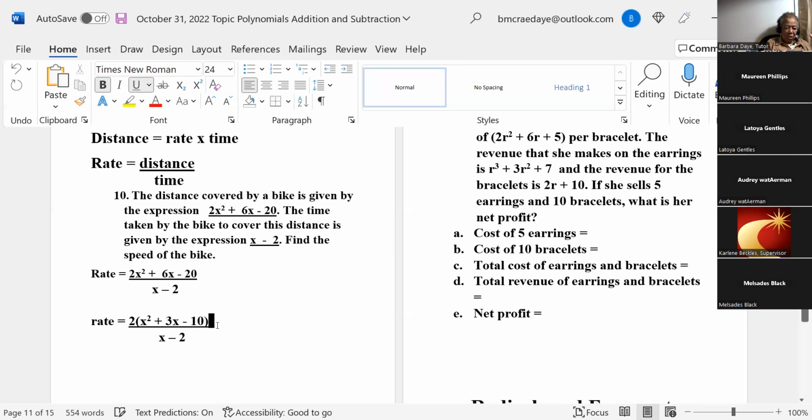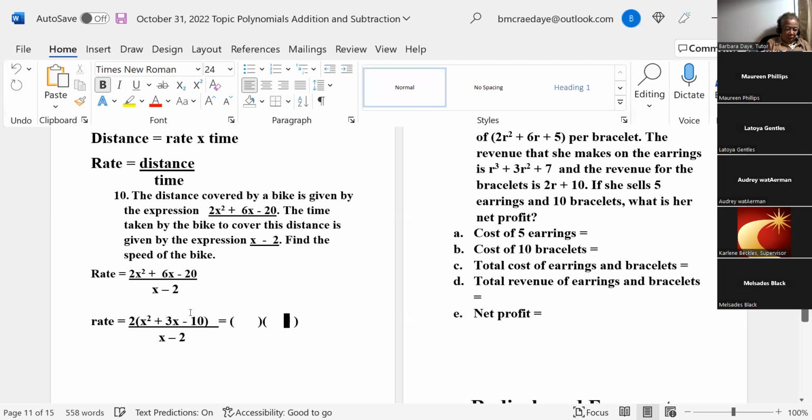Okay, let's put equal. Now, I'll put in parentheses, and you tell me the expressions that go in the parentheses.